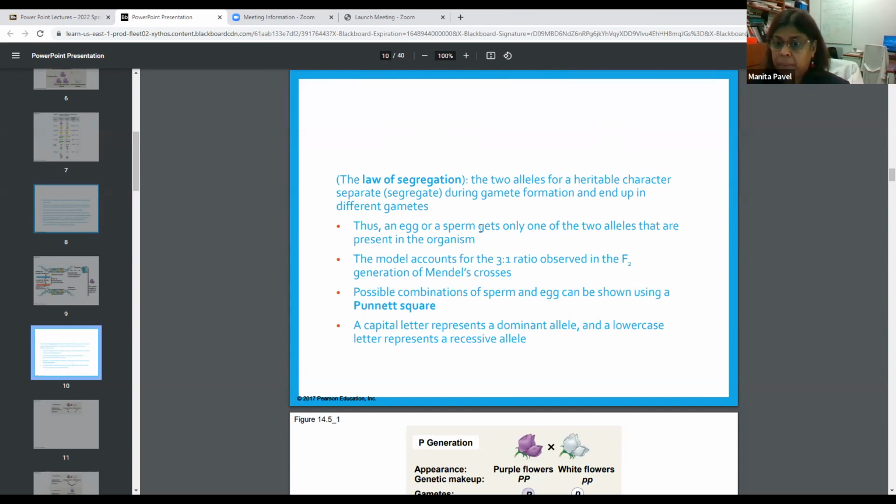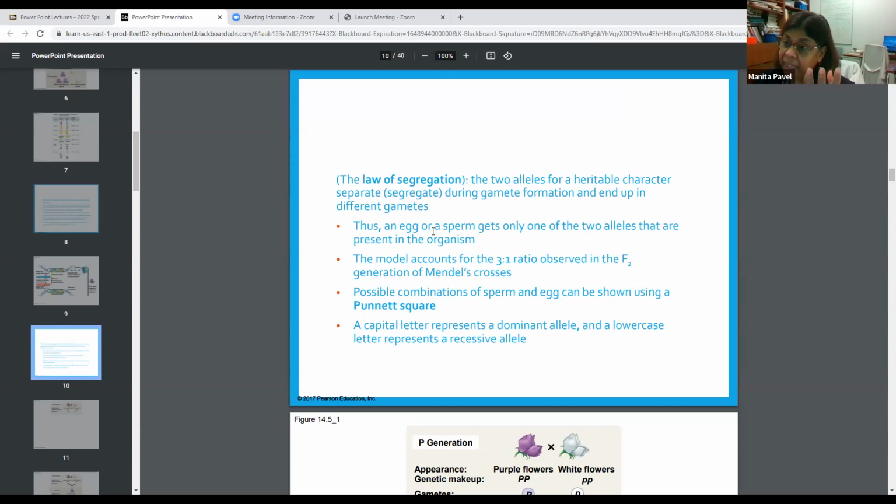In other words, to put it into perspective, the law of segregation is stating that every gamete will receive one of the copies of the two alleles for a given trait.